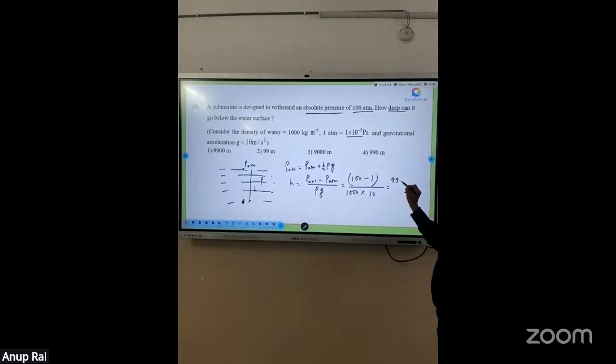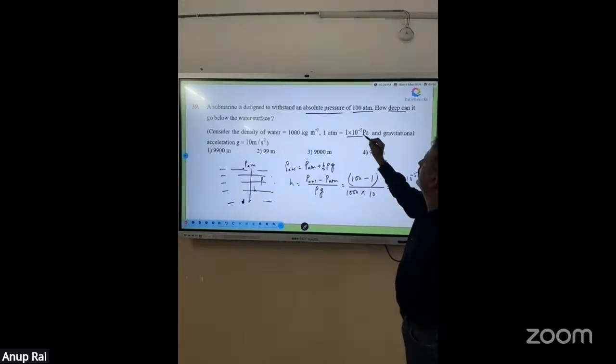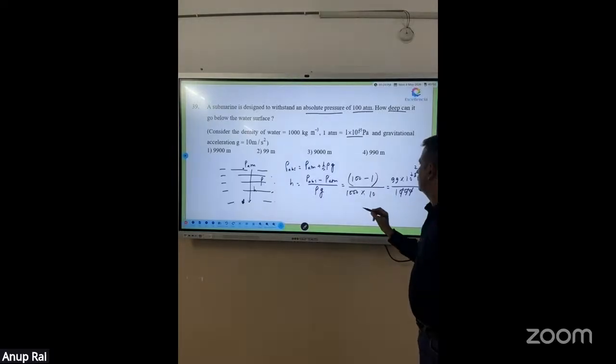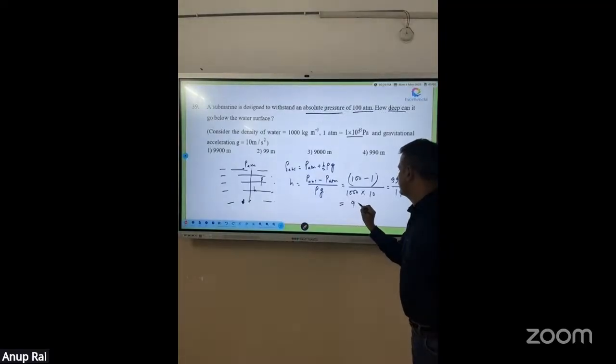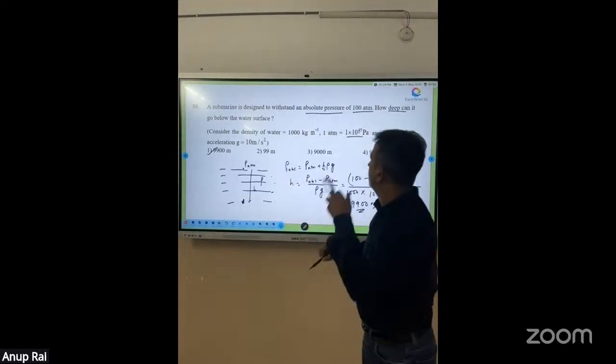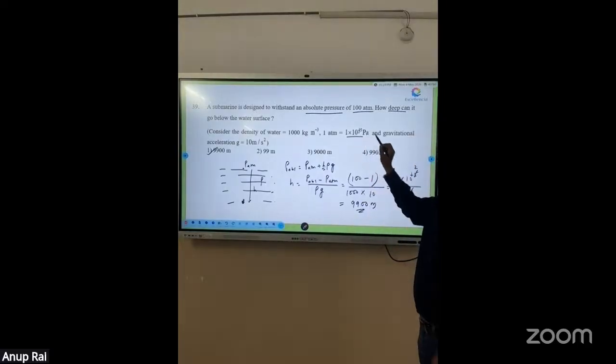So 99 into 1.01 into 10 to the power minus, I think it's wrongly written, it should be plus 5. And divided by 1000. So it's going to be 99, and here it should be plus 5. 1.01 into 10 power 5.